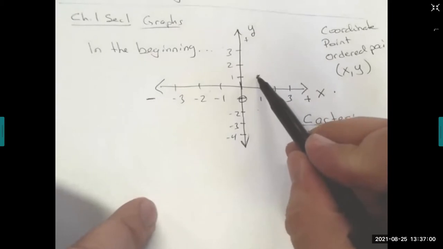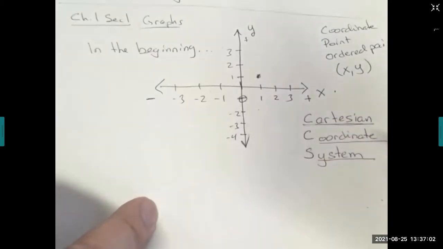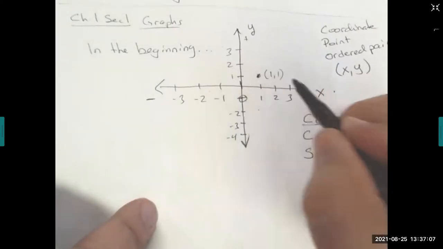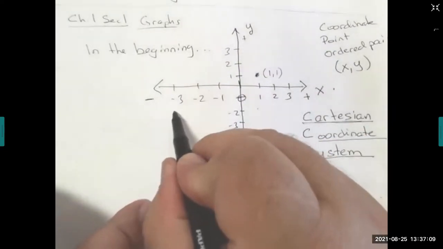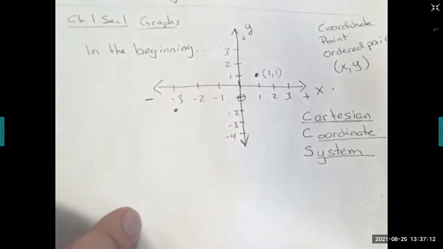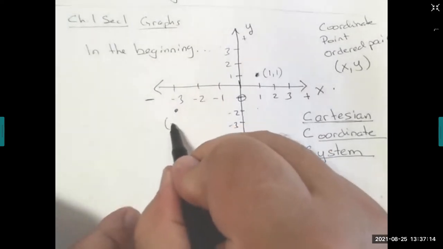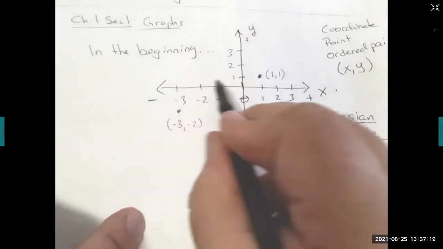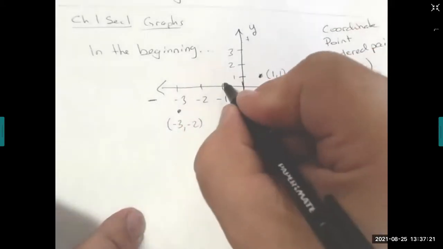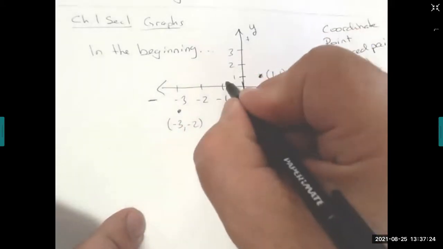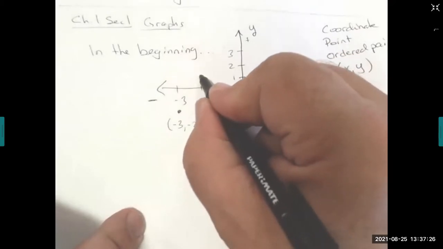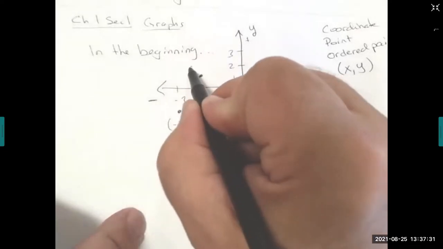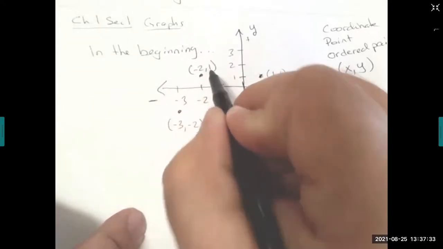So what's going to be that location? The coordinate of that dot. 1, 1. How about this one? -3, -2, because we go on the horizontal axis first and then vertical. This one. This one. -2, +1, because it goes up.